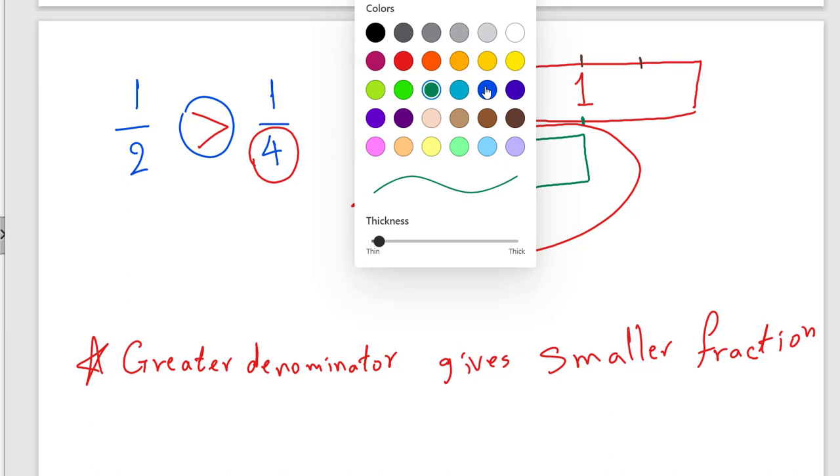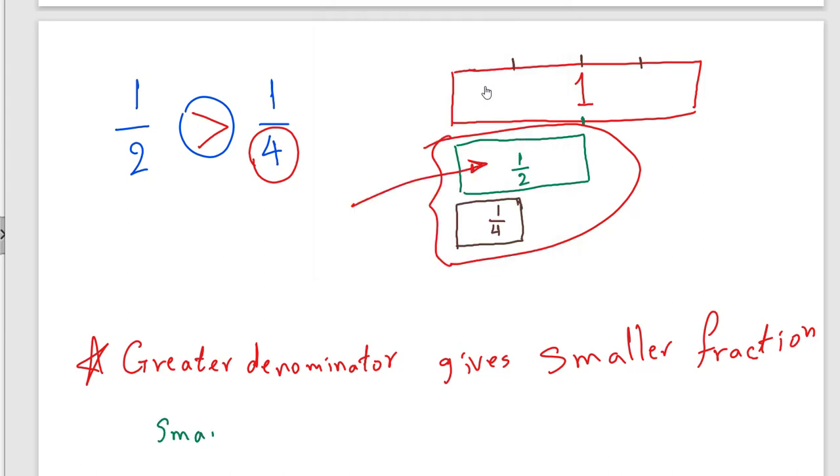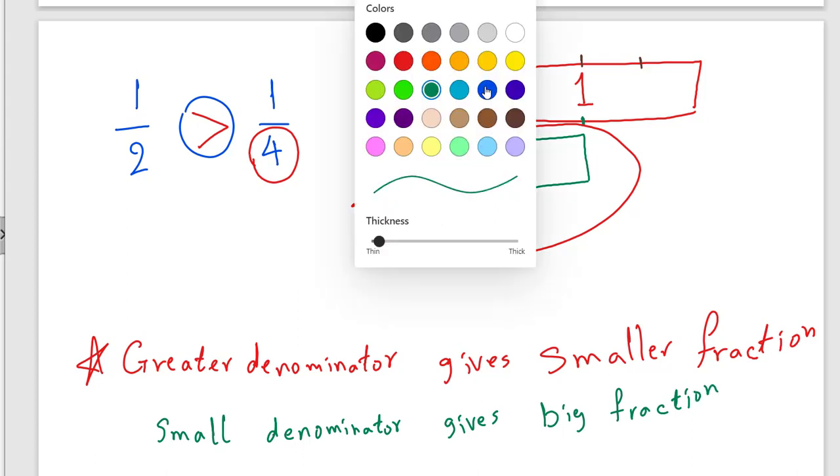So the small denominator gives big or bigger fraction. I will write denominator, I don't like to write down. So it's opposite, as you can see here.